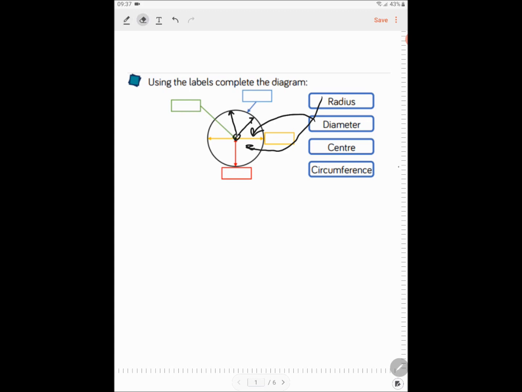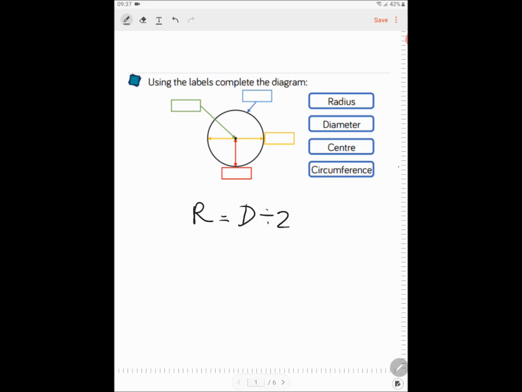Now, hopefully, what you can notice is that the radius is half of the diameter, okay? So radius equals diameter divided by 2.